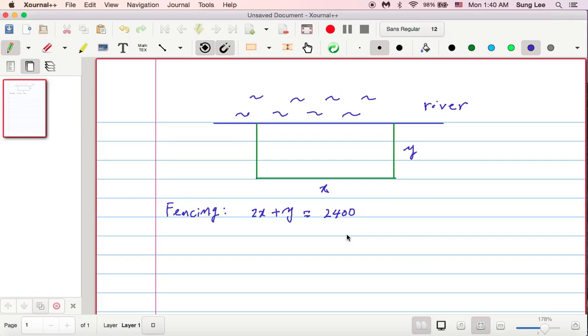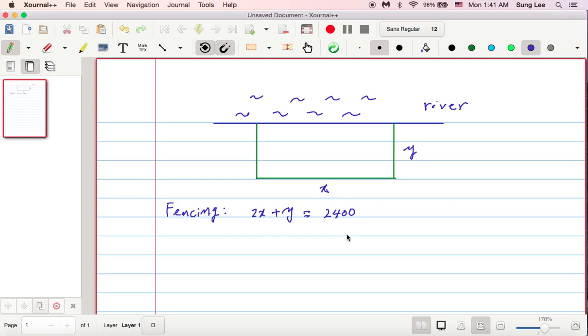What this constraint does is it allows us to reduce the number of variables. In this case, we have two variables involved. In order to solve the problem, we have to have a function of one variable, the function that we want to maximize or minimize.